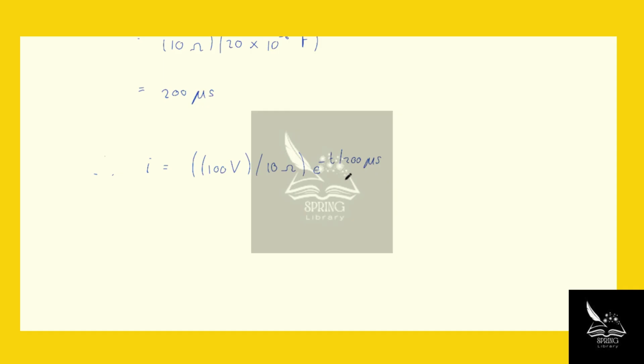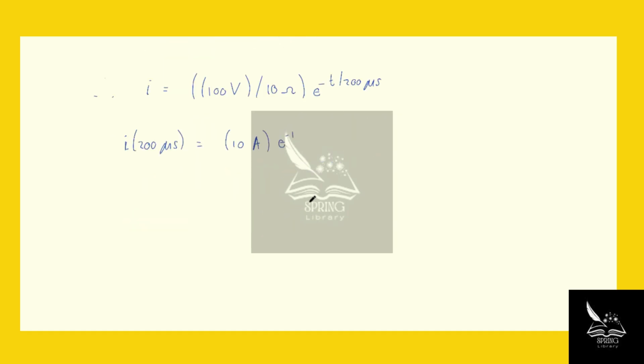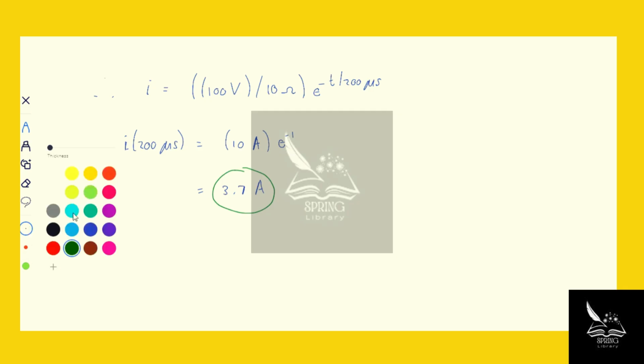So if we let t be 200 microseconds, we get the current I when t is equal to 200 microseconds to be 10 amperes times e to the minus 1. And so this current is 3.7 amperes. So that's the current in the large circuit at a time of 200 microseconds.